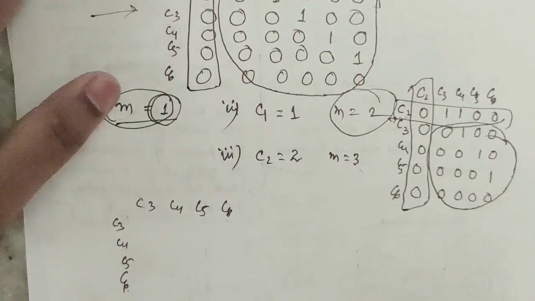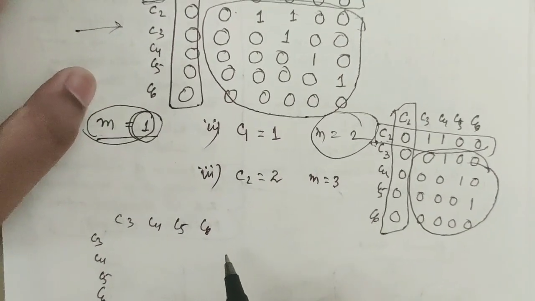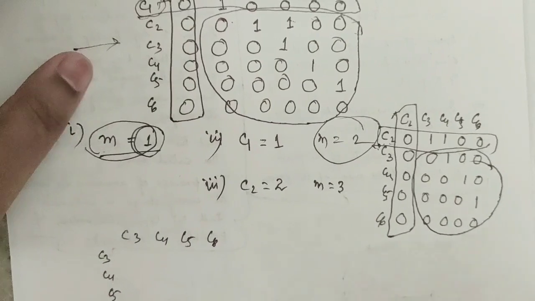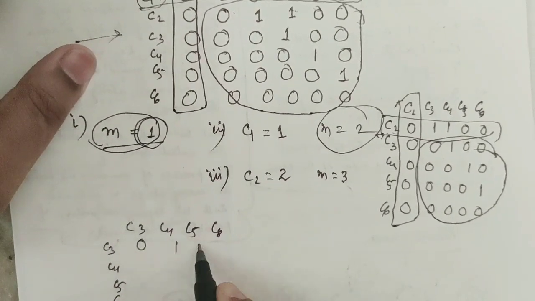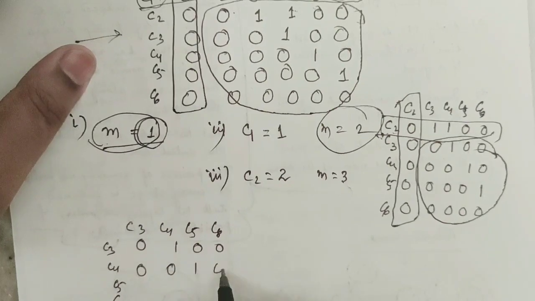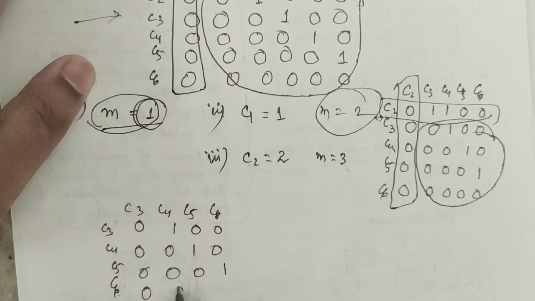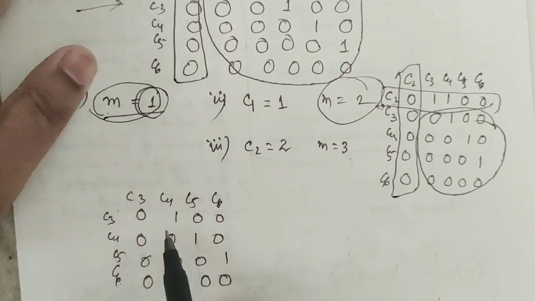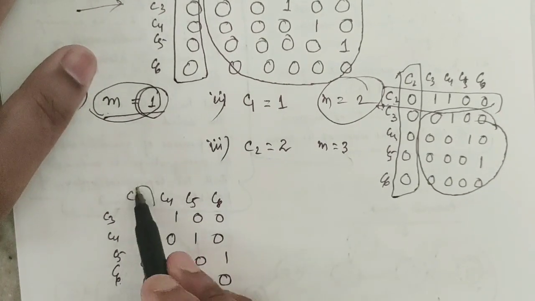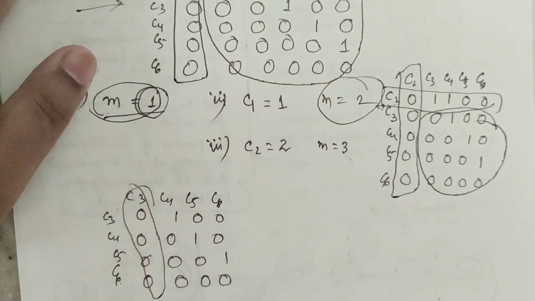Now I have to write the remaining: 0 1 0 0, 0 0 1 0, 0 0 0 1, and the last row all 0. So identify the column. Yes, only the column C3 has all 0 entries.